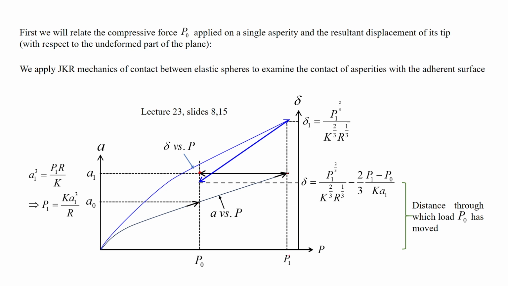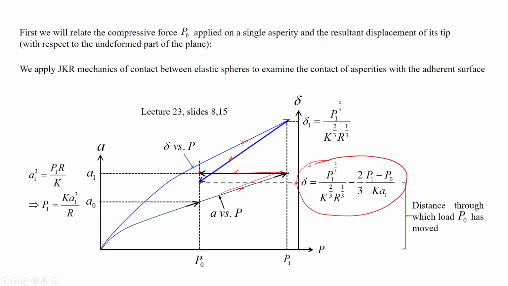Then of course the load is not P1, because there is work of adhesion, and therefore, keeping the same A1, the load decreases. So the load goes from here to here, this is the path that it follows. As far as the delta is concerned, it follows this path, goes over here and then decreases to some intermediate value over here. So the final delta, or the distance through which the load has moved, is this quantity.